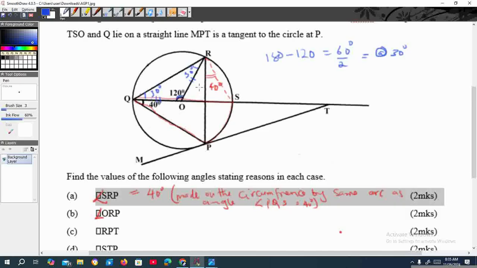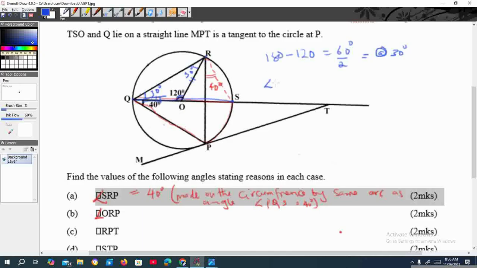So now from here, let's look at the triangle QRS. We are told O is the center of the circle. That means this line QOS will be the diameter, and we usually say that an angle subtended on the circumference by the diameter is 90 degrees.